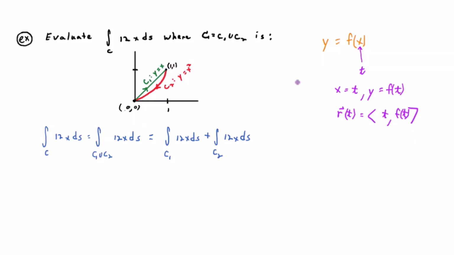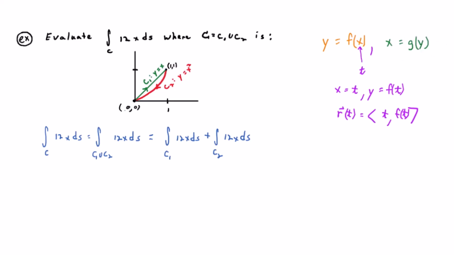And then if x is a function of y, let me use a different color here. If it's x as a function of g of y, then what would you do?